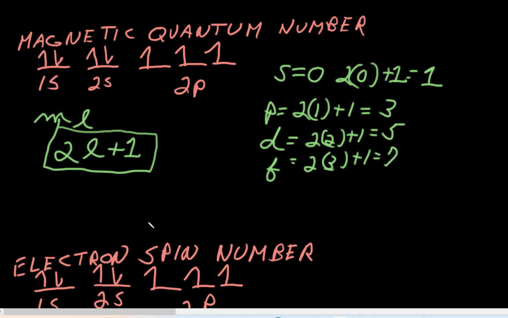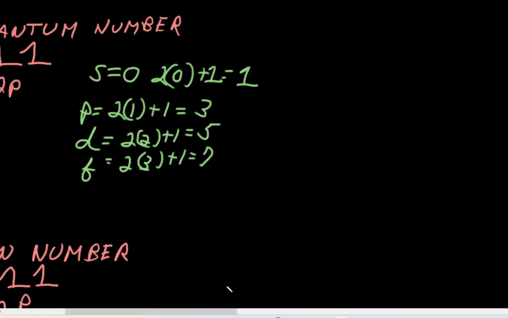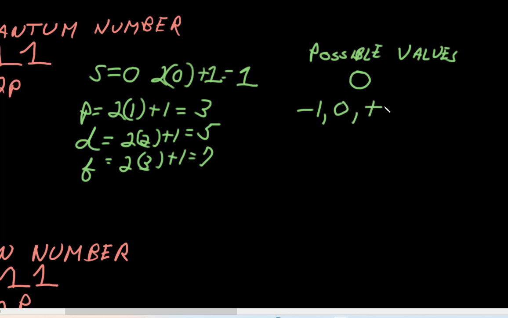So the possible values, if we look at this: for the S, the only possible value you would have would be 0. If you were in the P, the possible values are negative 1, 0, positive 1.